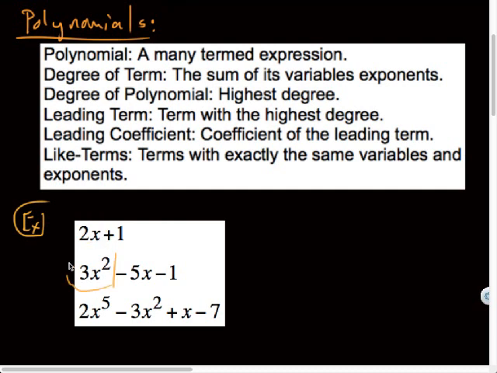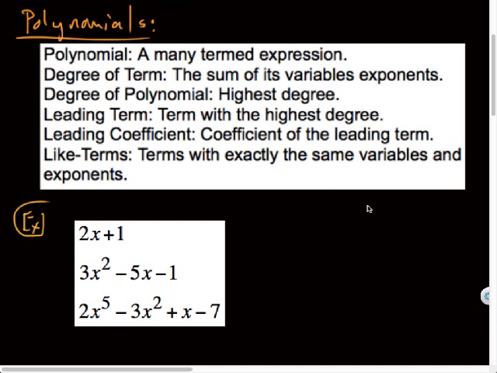The degree of this term is 2 because this variable is second degree. And this is a 5th degree term. Now if I had a term like 2x squared y to the 4th, what's the degree of that term? This whole thing is a term, and the degree is 6. The degree is the sum of the variables' exponents.